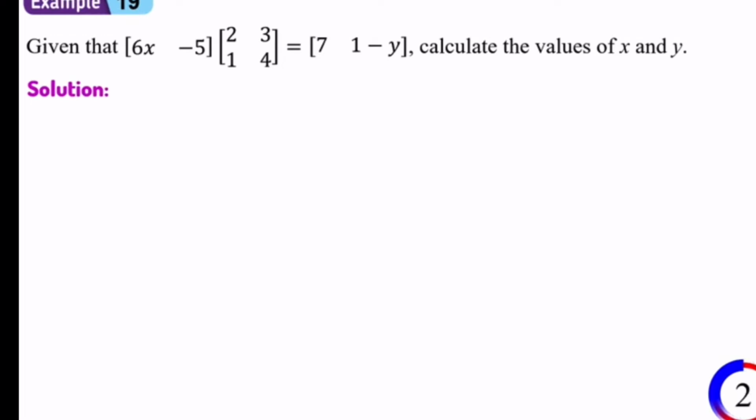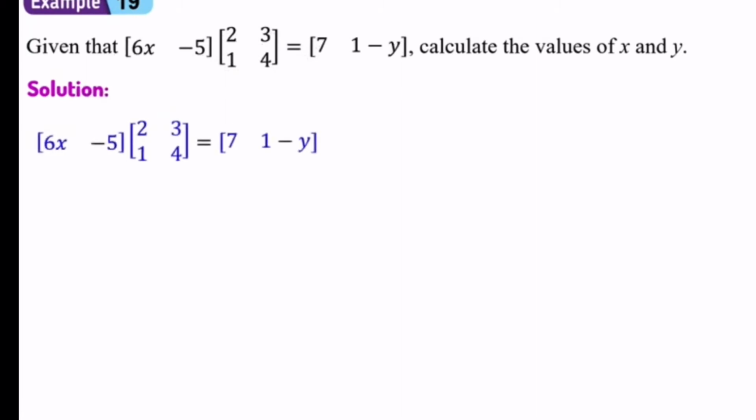Okay, let's see another example. For this one, you're given 6x negative 5 and then 2, 3, 1, 4 is equal to 7, 1, negative y. So let's multiply the two matrices before we refer to the answer.